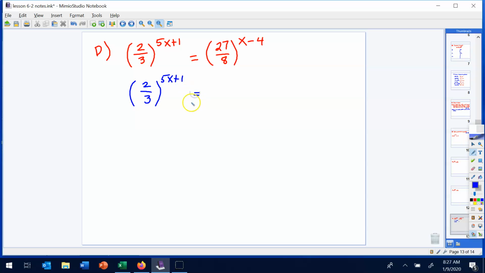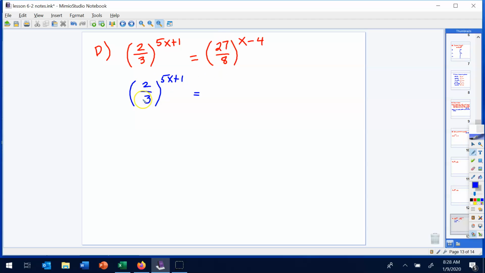And if you recognize that really 27/8, you kind of have to investigate this a little bit. Notice that 3 to the third is 27, and 2 to the third is 8. So what that means is if we flip this over and then raise it to the third, we would have this.